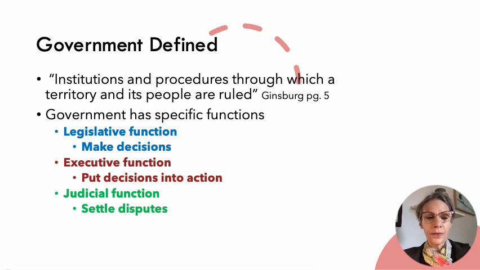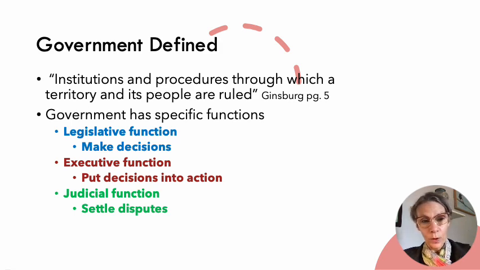And so the executive function is taking those decisions and putting them into action, actually executing them, making sure that people are aware of what the laws are and then following the laws. And then the judicial function, the settling of disputes. Sometimes controversies arise over whether or not the decisions that governments make are in fact legal and constitutional.